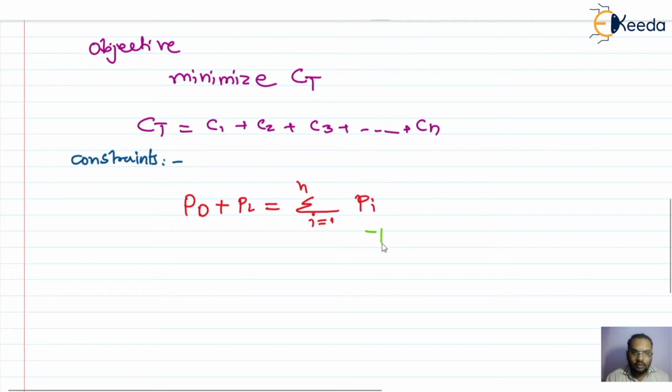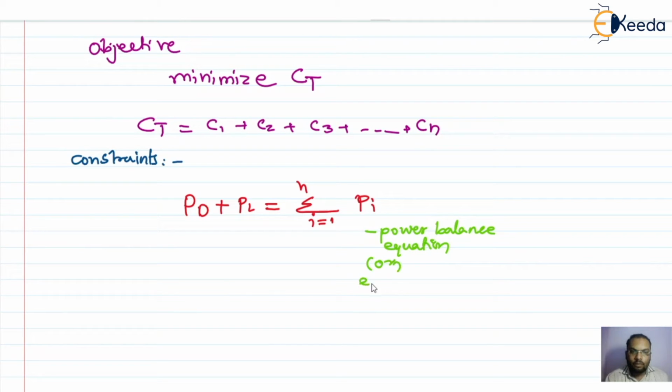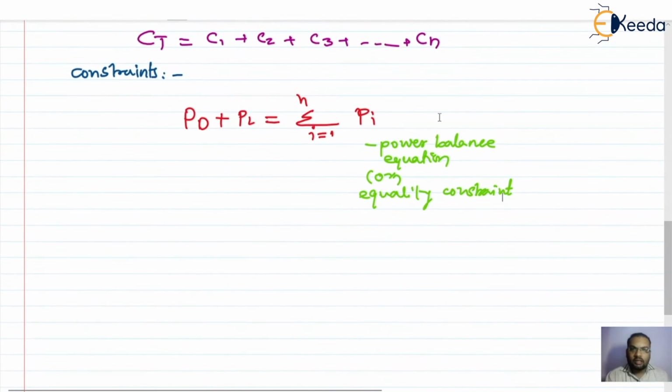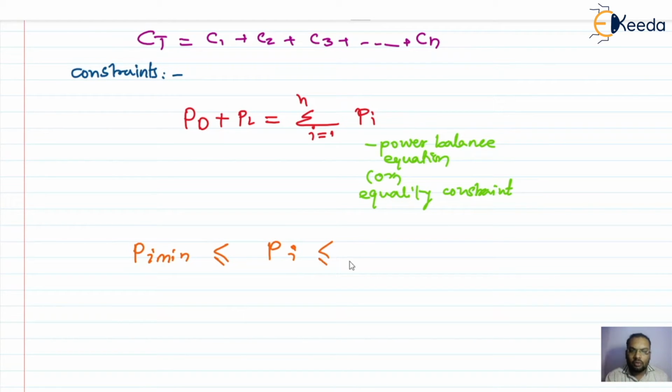This is called the power balance equation, or equality constraint. The next constraint that we can apply is the inequality constraint. It is the same way: Pi minimum should be less than or equal to Pi, which should be less than or equal to Pi max.